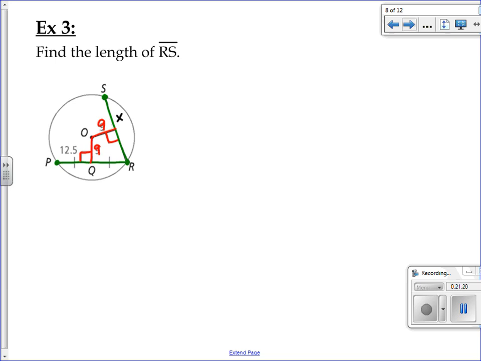So you got to ask yourself, which of those 3 properties is this? This is that first property. So we learned that when you have 2 chords that are both the same distance from the center and they're perpendicular to the center, the chords are congruent and their arcs are congruent.